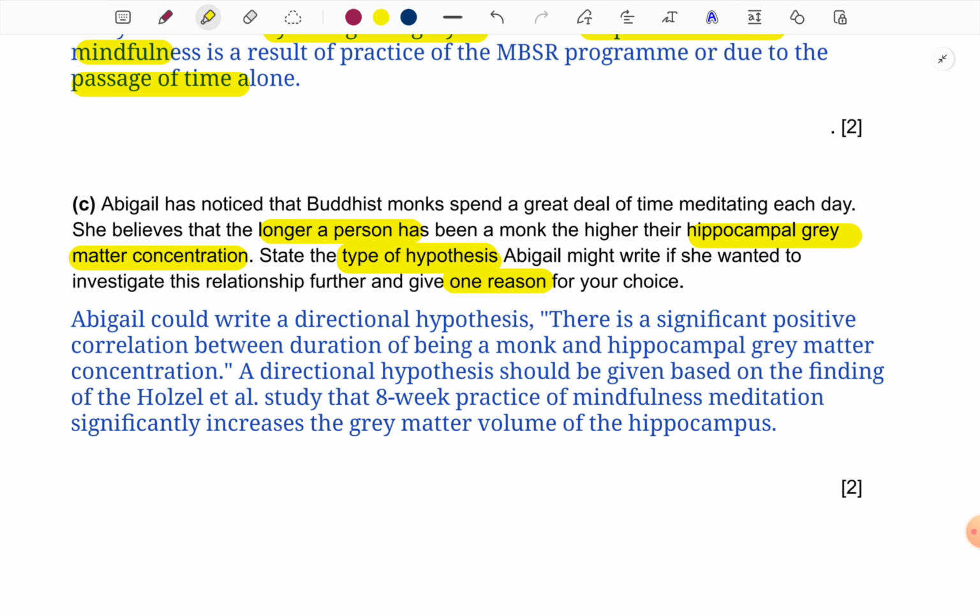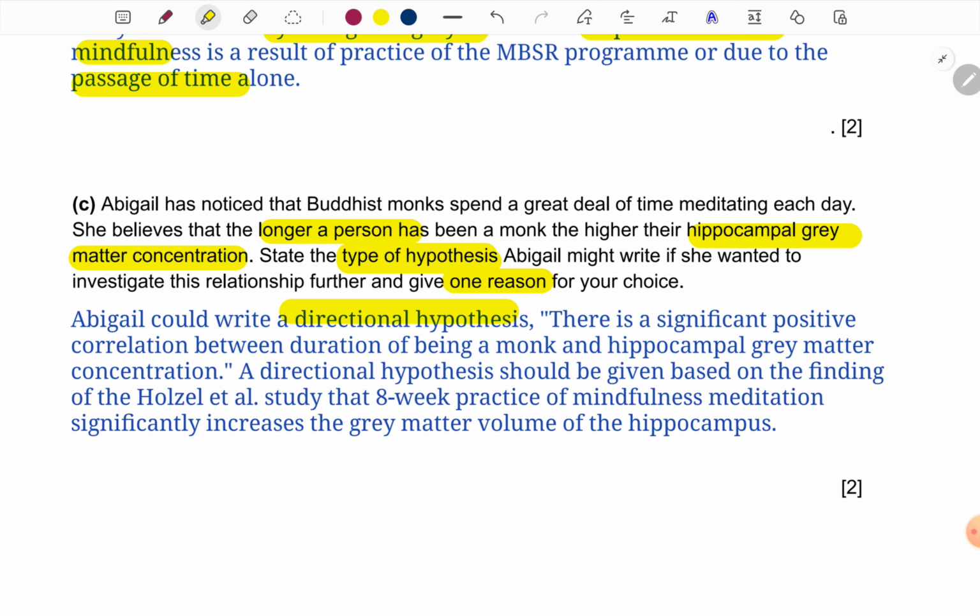So any study which has a significant finding, we can use as a justification for why we are proposing something. To make it less ambiguous, in this study, Holzel et al., a definitive result is there that practicing of mindfulness does result in an increase in the hippocampus and 3 other areas of the brain.